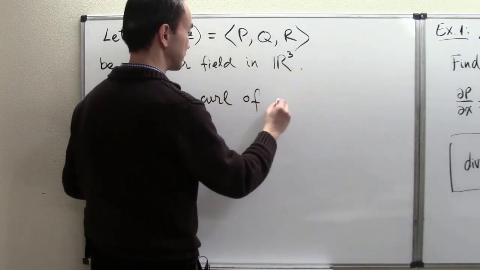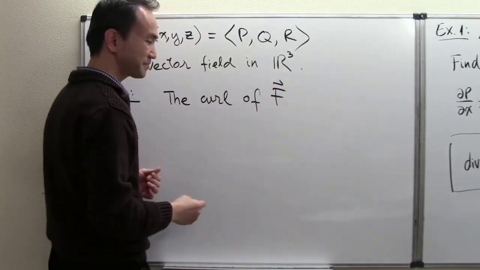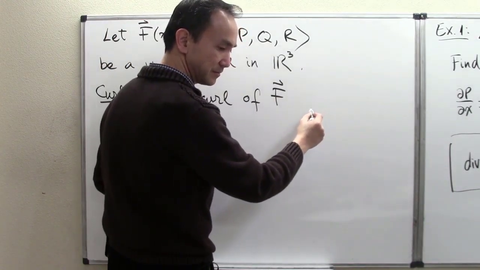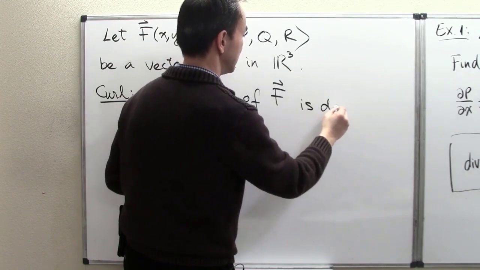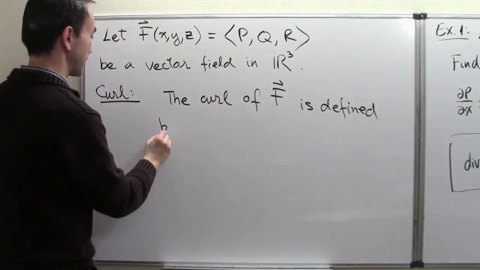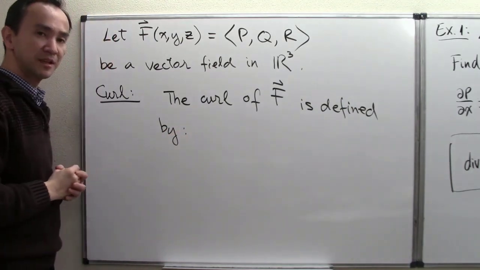The curl of this vector field f here is defined by, okay, and so now this is what I have.